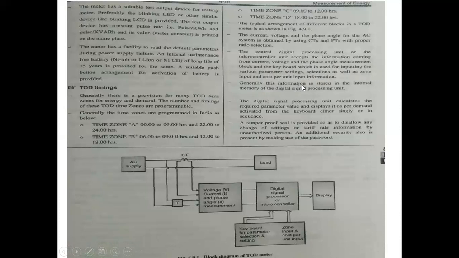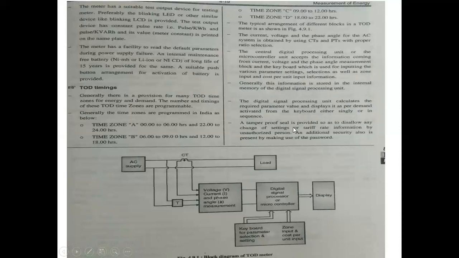Generally, this information is stored in the internal memory of the digital signal processing unit. Then the unit calculates the required parameter values and displays them as per demand activated from the keyboard, either singly or in sequence.